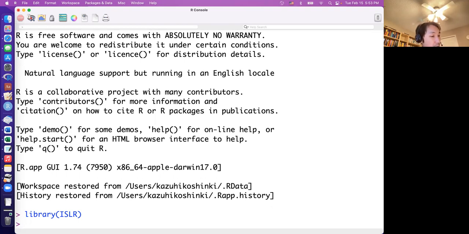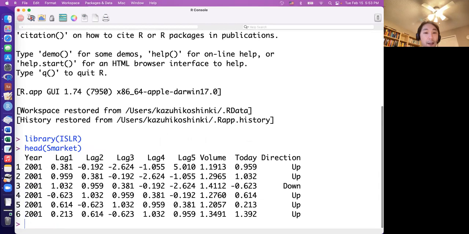And we use the stock market return data, capital S Smarket, that is the stock market data. This is the daily stock market return for about 1,250 days from 2001 to 2005.